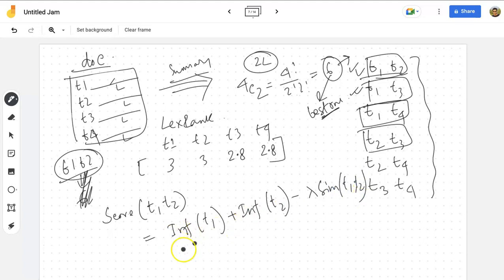So you add the information for T1 and T2, but you subtract the redundancy score. This is how you calculate the score for two sentences. For three sentences you can add more terms. But for two, you just add the information scores of the two individual sentences and subtract the redundancy.